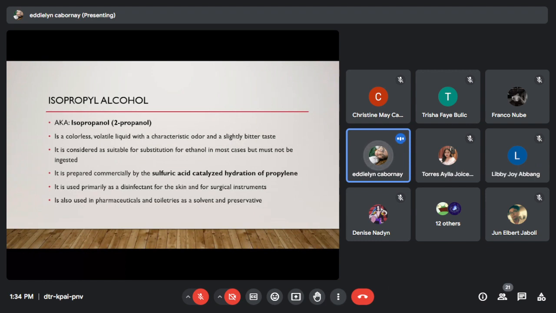It is prepared commercially by the sulfuric acid catalyzed hydration of propylene. It is used primarily as a disinfectant for the skin and for surgical instruments. It is also used in pharmaceuticals and toiletries as a solvent and preservative.